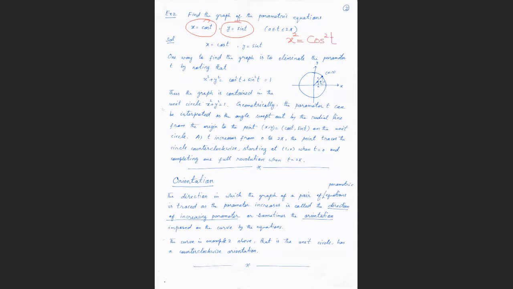If I take the square of the second, I get y square equal to sine square t. If I add them, I get x square plus y square equal to cosine square plus sine square. And you know that sine square plus cosine square is equal to 1. So in the end, the equation we got is x square plus y square is equal to 1.